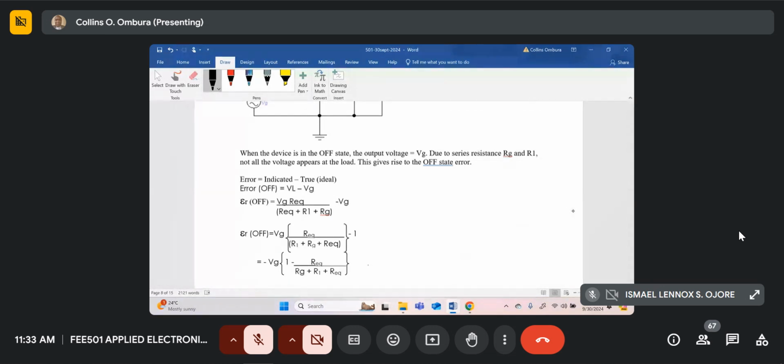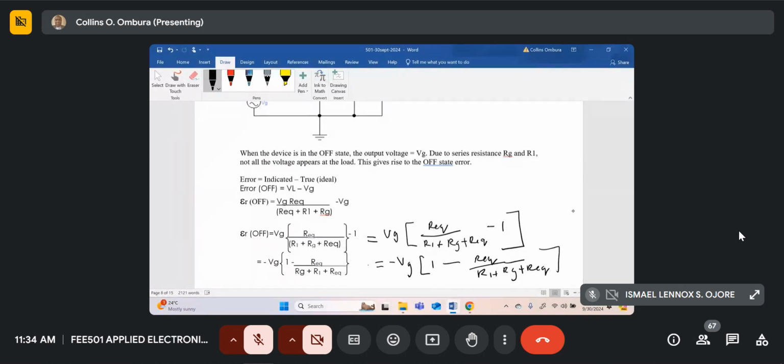This first bracket should read VG, R equivalent over R1 plus RG plus R equivalent, minus 1. And then next you multiply inside and outside the bracket by minus 1. So you get minus VG into 1 minus R equivalent over R1 plus RG plus R equivalent. So this second equation is okay.